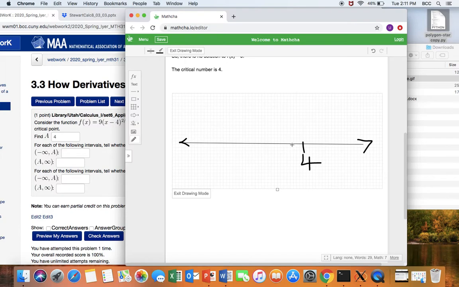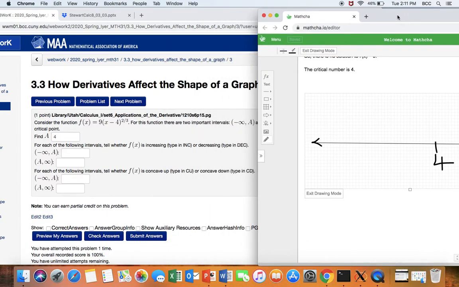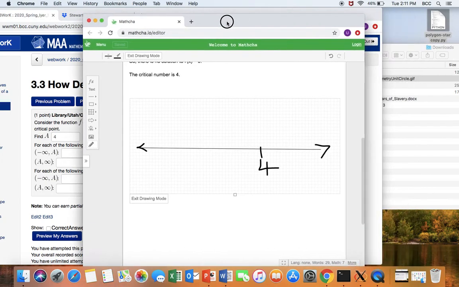You have two intervals, one on the left and another on the right. You want to say negative infinity to 4, a is 4, remember? You want to find out whether f(x) is increasing or decreasing. Choose any number in this particular interval. I like 0 because it's easy to calculate with. 0 is my chosen number.